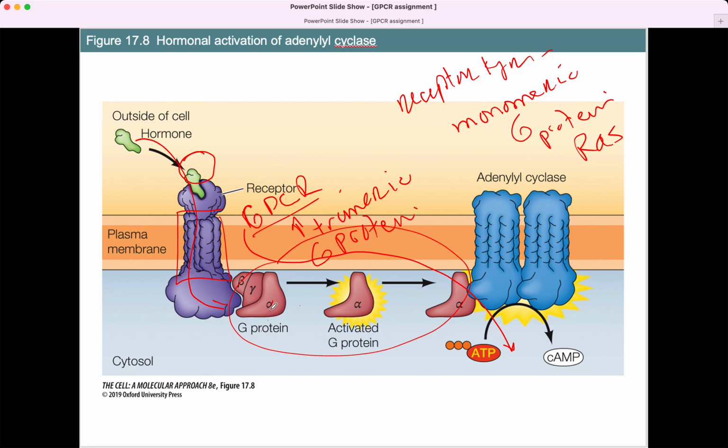The big emphasis is the alpha subunit, because this one is always bound to either GDP, or when it gets activated, it gets exchanged and is bound to GTP, until that GTP is hydrolyzed back to GDP and it's inactivated. When it's bound to GTP, it's active. When it's bound to GDP, it's inactive.